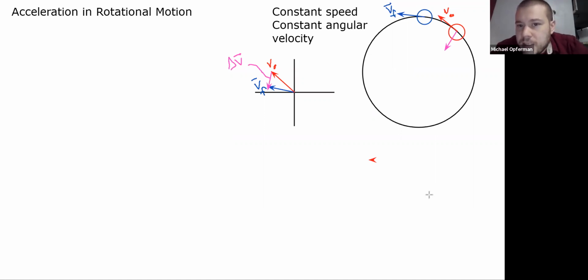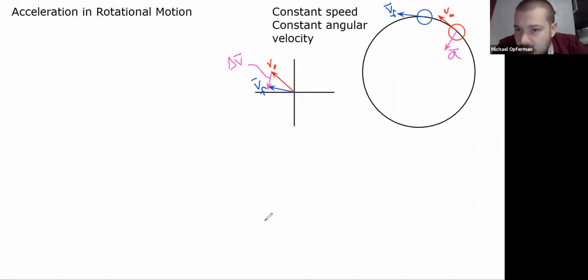If the speed is constant, that means there can't be any component of the acceleration in the same direction or opposite direction of the velocity. The acceleration has to be perpendicular to the velocity, because remember, the acceleration points in the same direction as delta V. So that would be the direction of the object's acceleration.